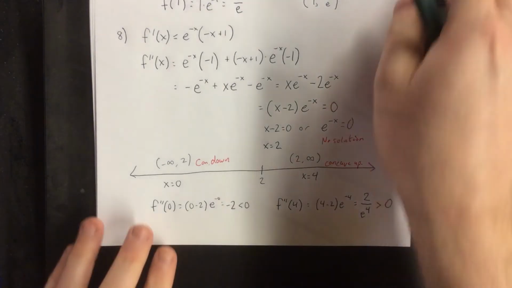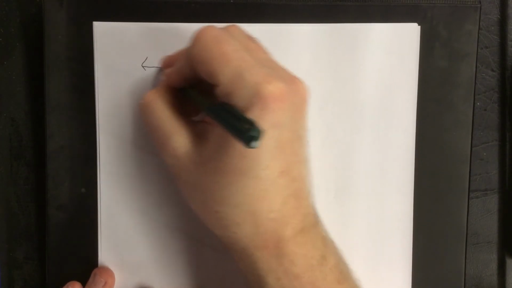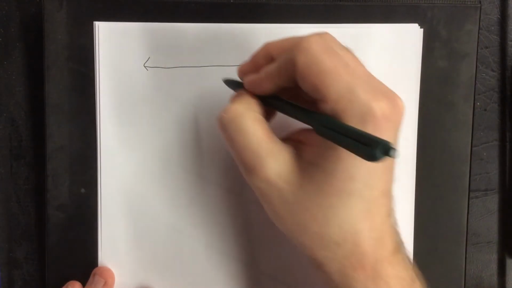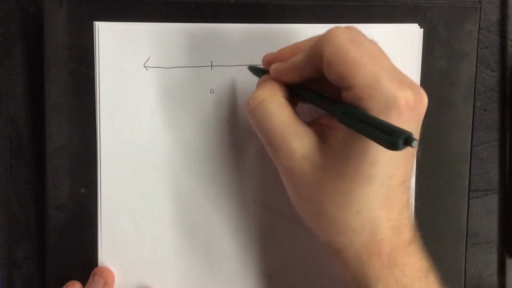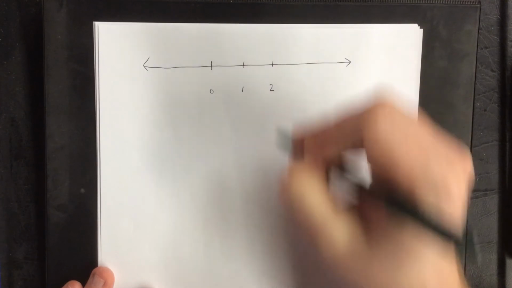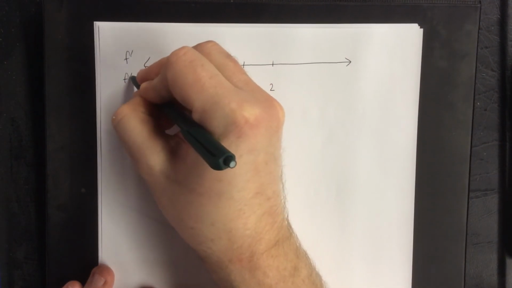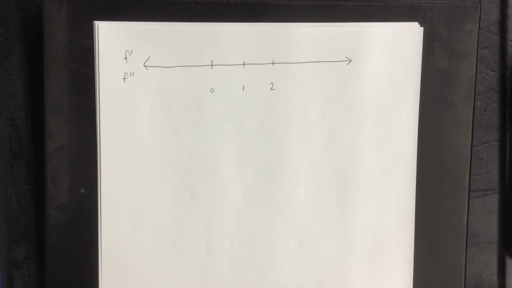I'm going to take the intervals of increase and decrease, as well as the intervals of concavity, and put them together in the same spot so that we can sort of see what's going on. So important values that we got were 0 for an x-intercept, 1 for a local maximum, and 2 for our point of inflection. We'll do f prime on top, f double prime on the bottom.